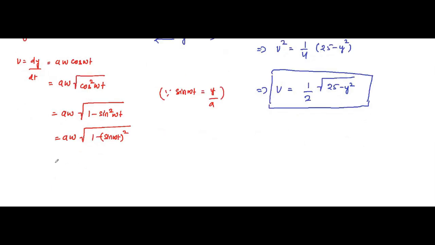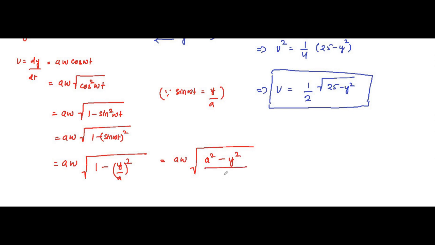So if we make this substitution, it will be a omega into root over of 1 minus y by a whole square, which is equal to a omega into root over of a square minus y square by a square, or a omega into root over of a square minus y square by a.